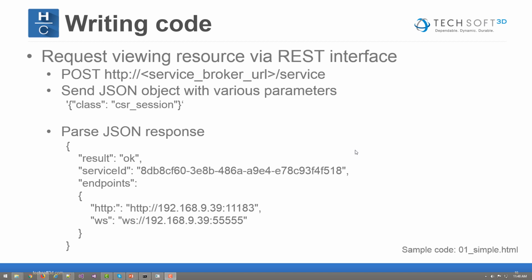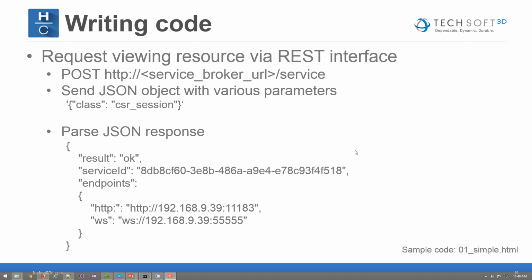So we talked about REST, and we talked about how the HTTP server is listening for these requests. So what happens is that when it comes time to start the viewer, we need to tell the server to please allocate some resources on the server to service this request.